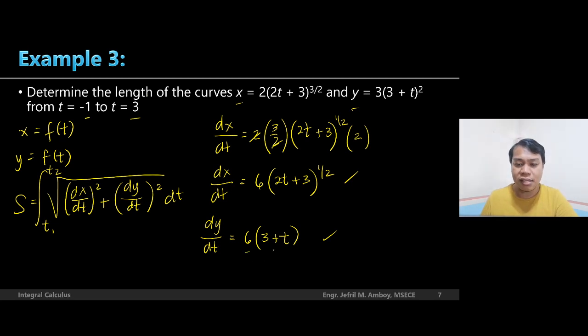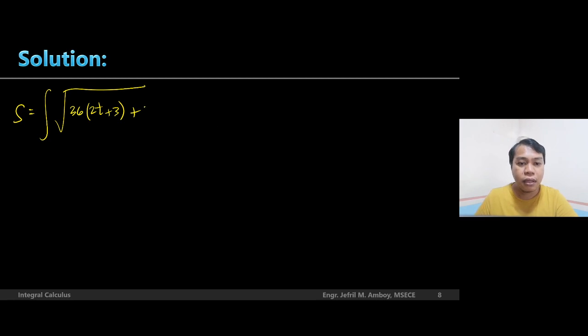So, ito magiging 36 din at saka (3 plus t) squared. 36 times (3 plus t) squared. Naku, kailangan na mahaba ito. Dugtungan natin. Ayan. dt from -1 to 3. Yun yung given.